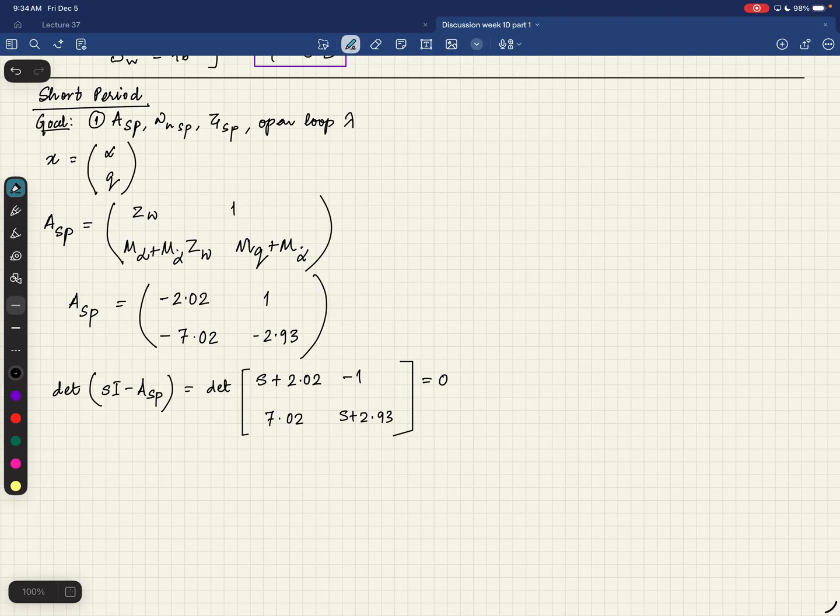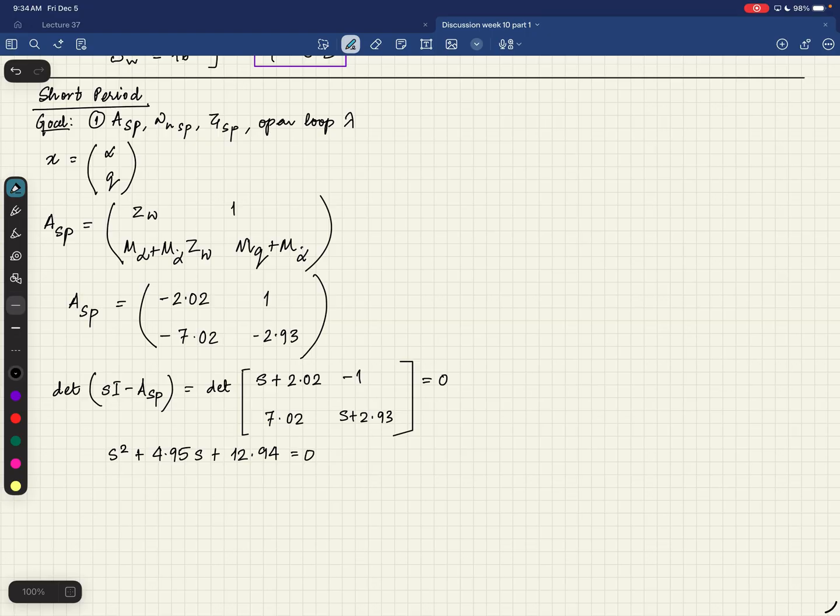If you equate this, you will get the equation S square plus 4.95 S plus 12.94 equals 0. No surprise, every second order ODE is going to have this characteristic equation, and after this it's a walk in the park.